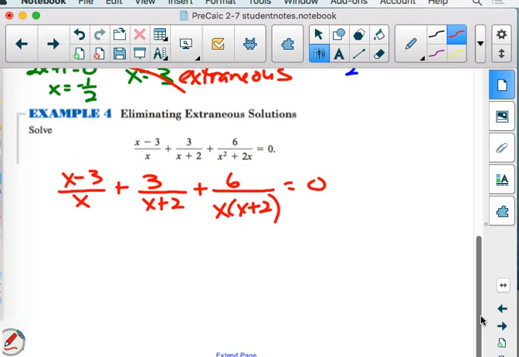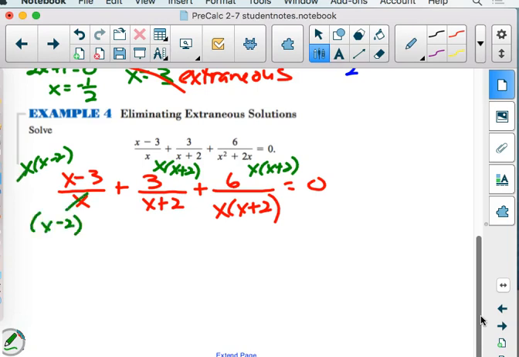Hey, this isn't going to be that bad after all. What's our LCD? x and x plus 2, yeah. So this one, we're going to see the x's drop out. This one, x plus 2's will drop out. This one, best news yet, they'll both drop out. Cool. So x's are gone.